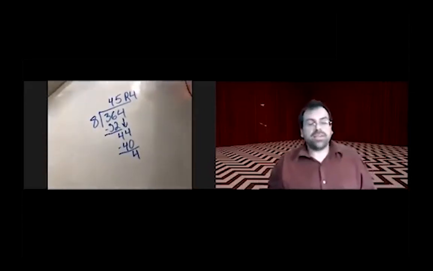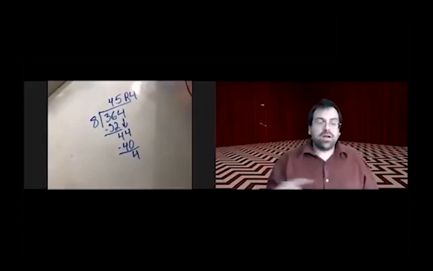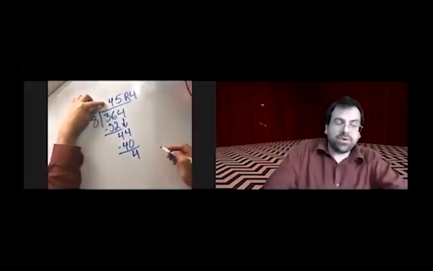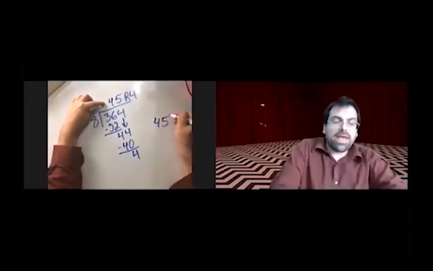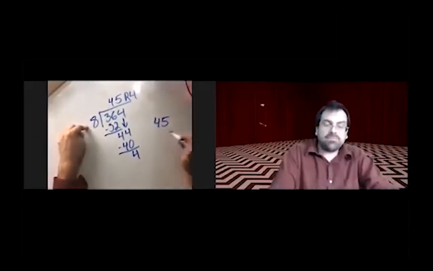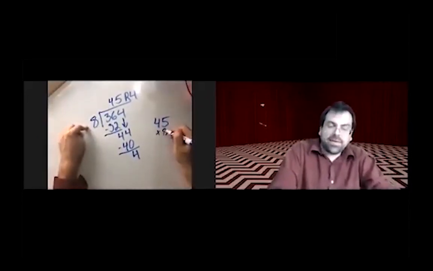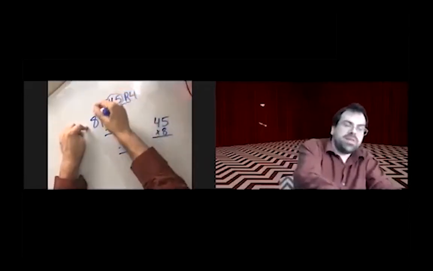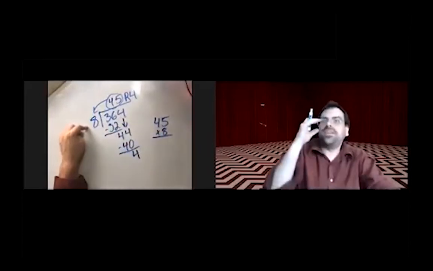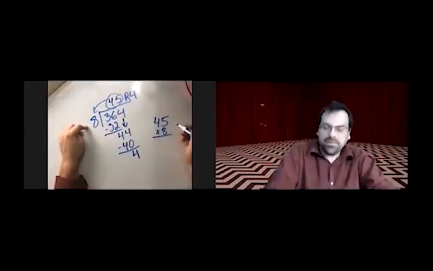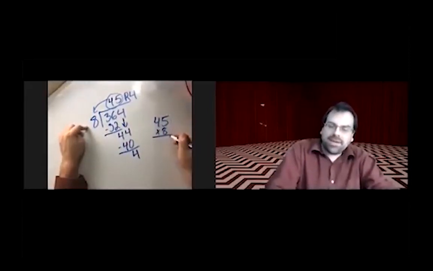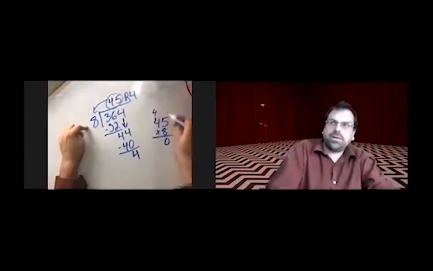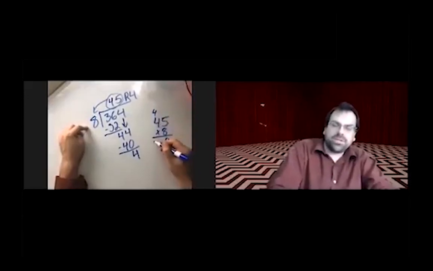How can we check this? Well, let's take our answer, the 45, and multiply it by the 8. Literally take our answer and multiply it around the corner, just like we do with the individual digits during the problem. 8 times 5 is 40, carry the 4. 8 times 4 is 32, plus 4 is 36.